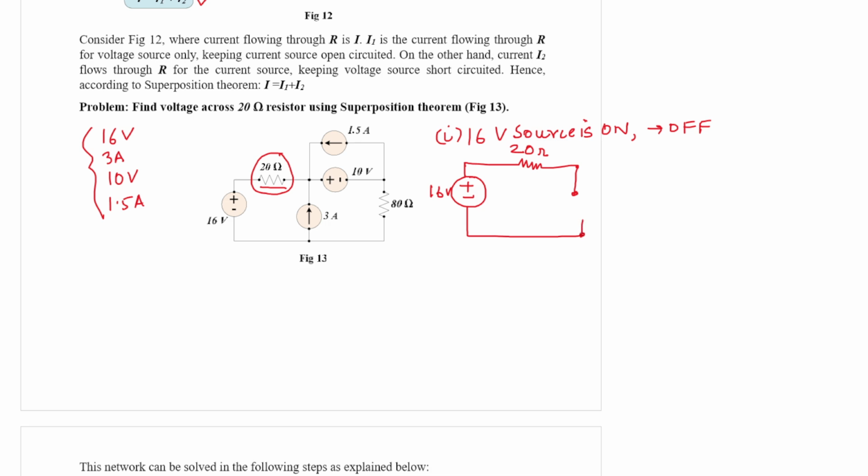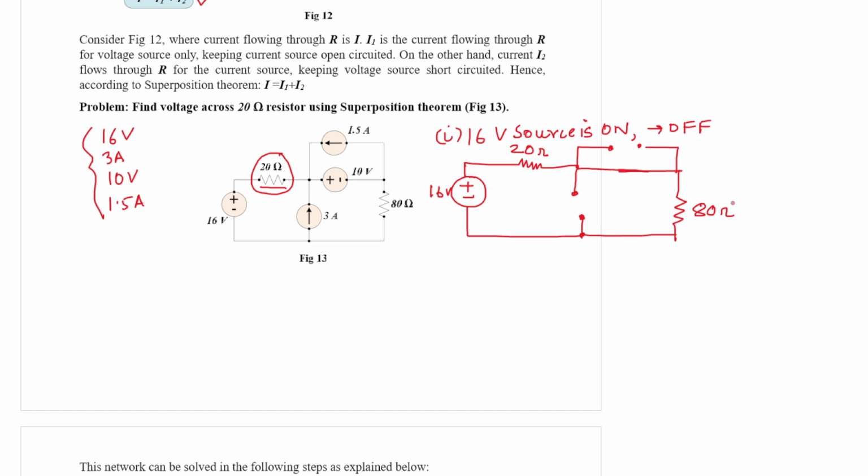They must be open circuited. So this must be open circuited to make these sources deactivated. And this 10 volt source should be kept shorted. So this 10 volt source is simply shorted like this, and we have the 80 ohm resistance.